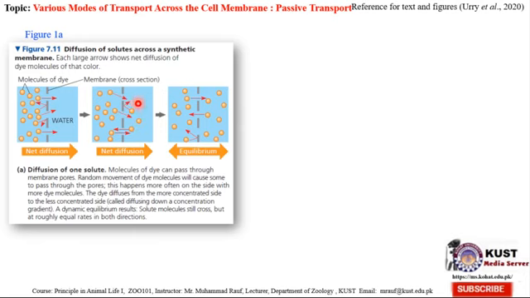Now these molecules on the right side also show further motion, and some of them will spread in the space, whereas the others will tend to return back via the plasma membrane, until a time will reach when the concentration of molecules on both sides will be the same. Still there will be movement across the plasma membrane, but there will be no net movement and a dynamic equilibrium will be established.